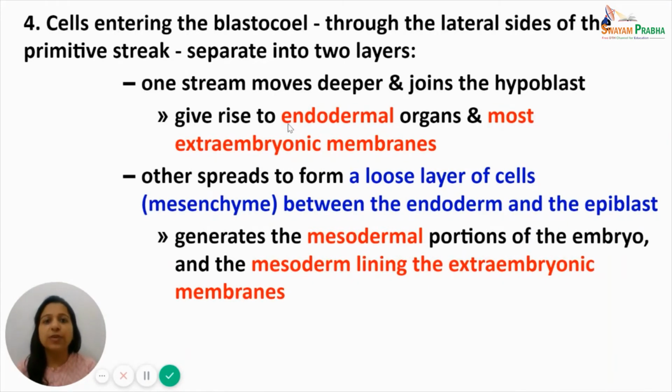It gives rise to various endodermal organs of the embryo as well as most extraembryonic membranes, while the other stream spreads to form a loose layer of cells, which is known as mesenchyme, to lie between the endoderm and the epiblast. And this mesenchyme generates the mesodermal portions of the embryo as well as the mesoderm which lines the extraembryonic membranes.